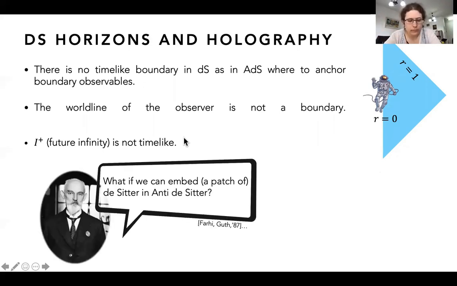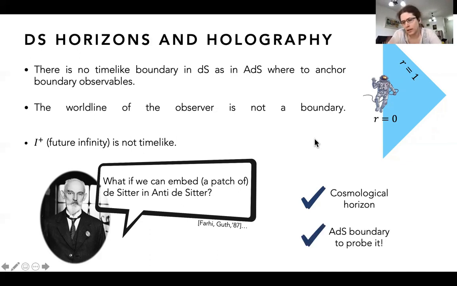And so an idea that came out quite a while ago already, which is a very natural thing to think about, is: what if we embed a patch of De Sitter space inside AdS? In this case, we would have a cosmological horizon to study in the interior and an AdS boundary with a reasonable standard dual with the time direction to probe this cosmological horizon.